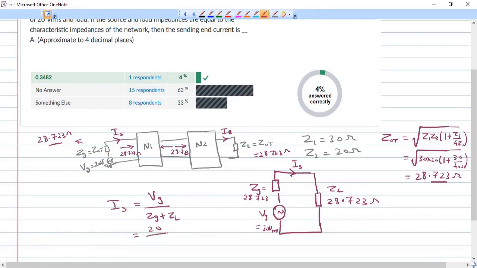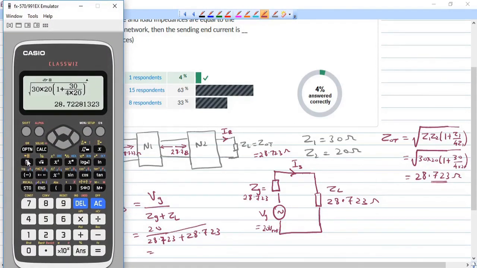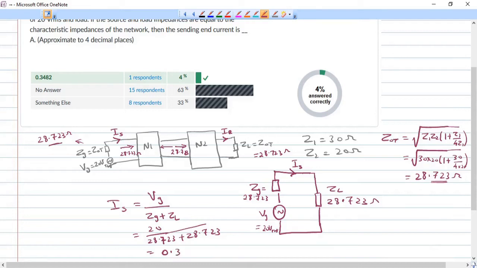So that is 20 upon 28.723 plus 28.723, which should be equal to 20 upon 57.446. So that is 0.3482 ampere. That is the correct answer for this question.